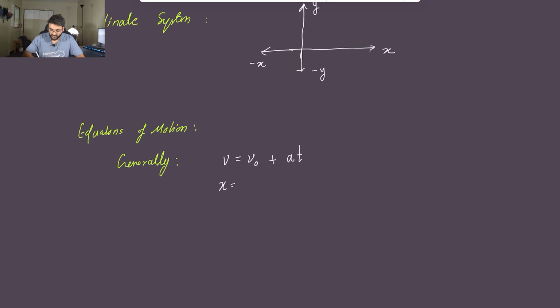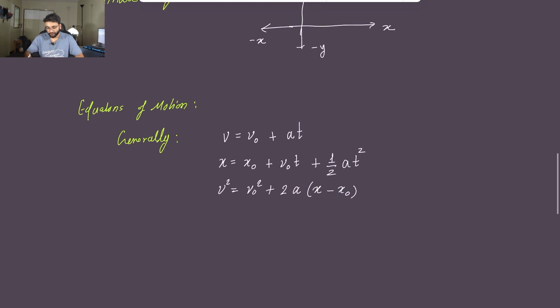Final position is equal to initial position plus initial velocity times time plus half acceleration times time squared, and final velocity squared is equal to initial velocity squared plus 2 times acceleration times final position minus initial position.